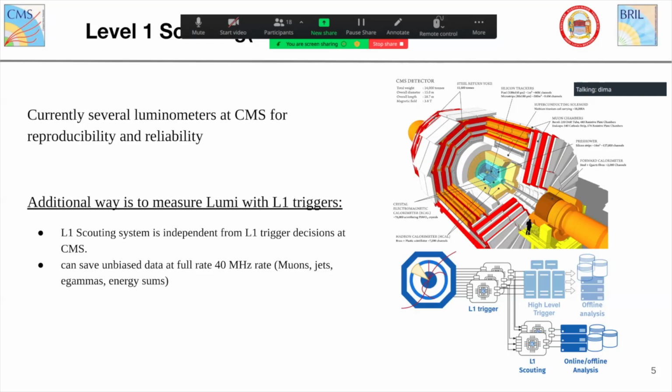It's called inline scouting, and it was already run as a demonstration, and we have all the recordings of the events, which were used in this research. The idea is that some events from this well-known trigger are directly proportional to the luminosity, so with some calibration we could use that to estimate luminosity with high precision.